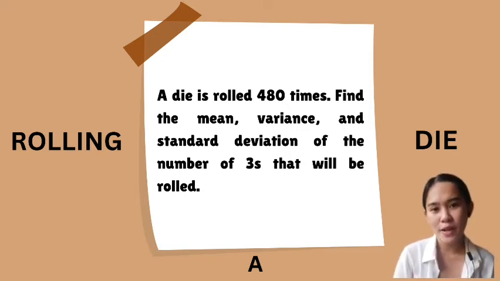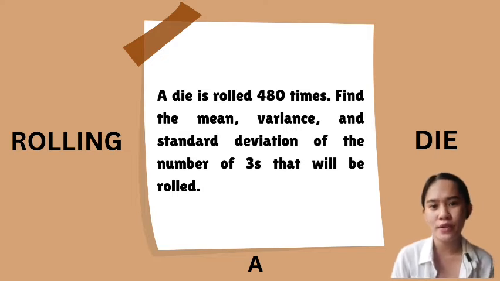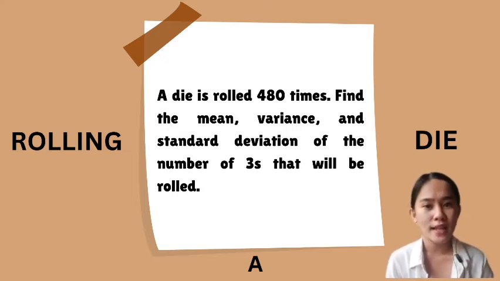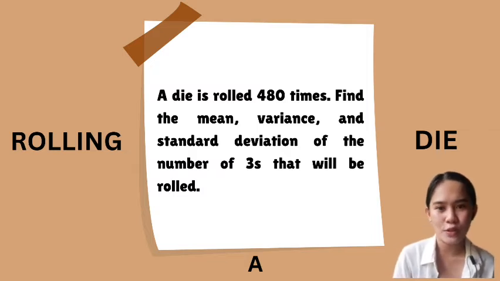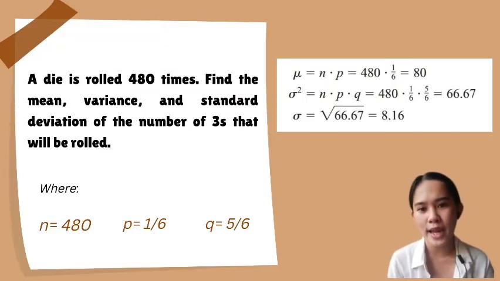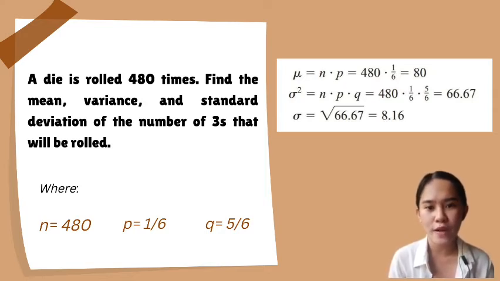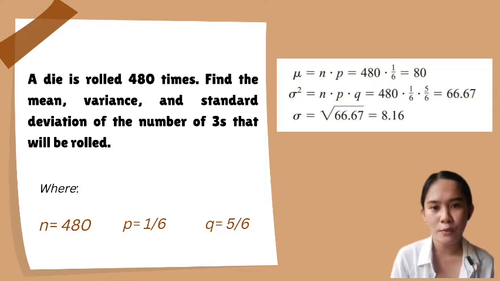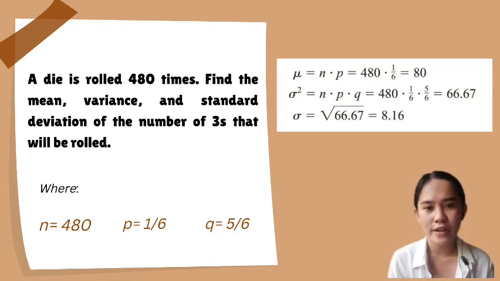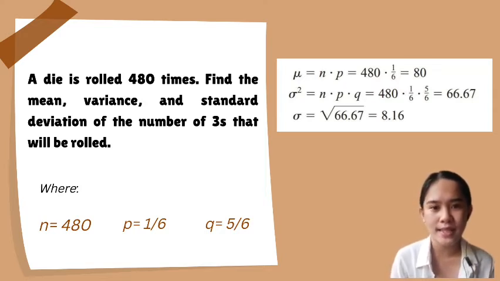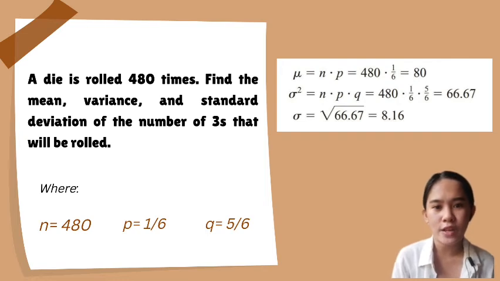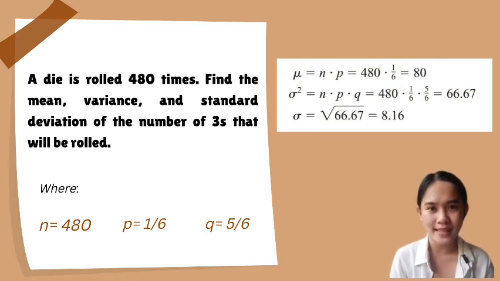This is a binomial experiment since getting a 3 is a success and not getting a 3 is considered a failure. So let us substitute in the formula where n is 480, p is 1/6, and q is 5/6. So our mean would be 80, our variance would be 66.67, and our standard deviation is 8.16.